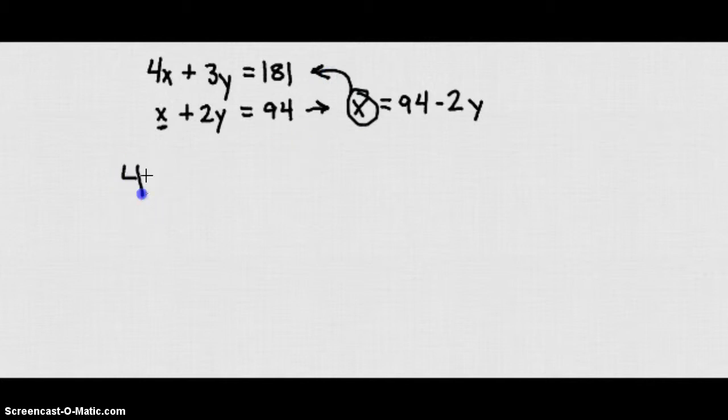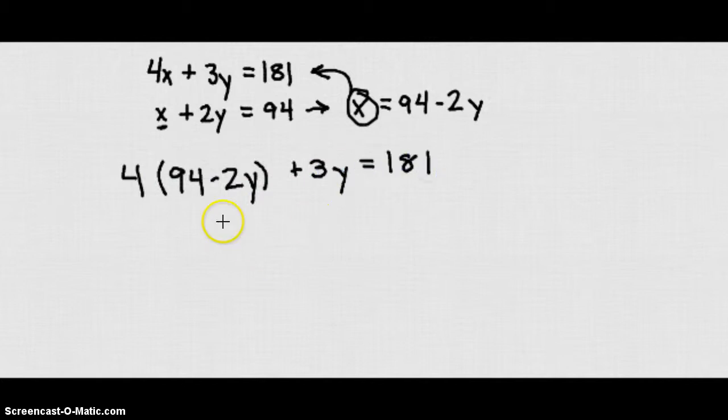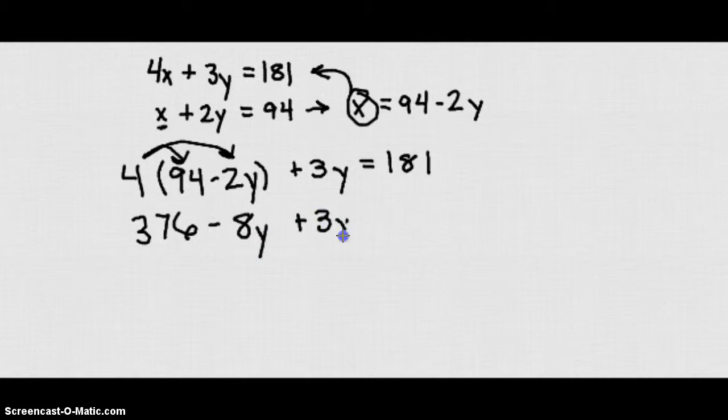So we would have 4 times (94 minus 2y) plus 3y equals 181. Let's distribute that 4. We're going to get 376 minus 8y plus 3y equals 181. Let's combine our like terms. We have a -8y and a 3y.